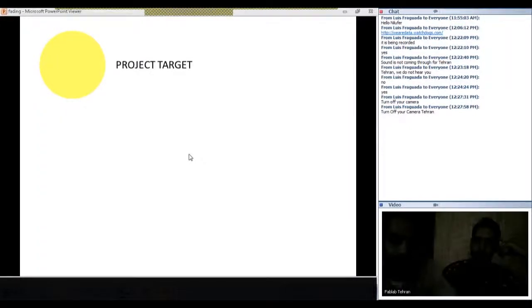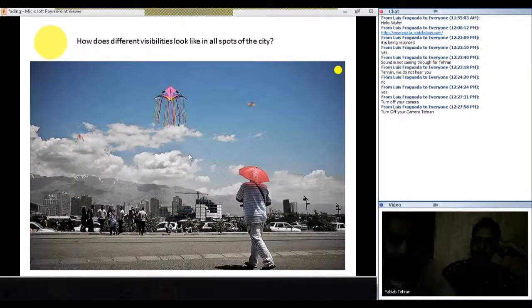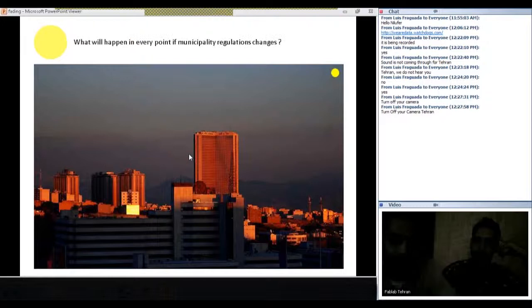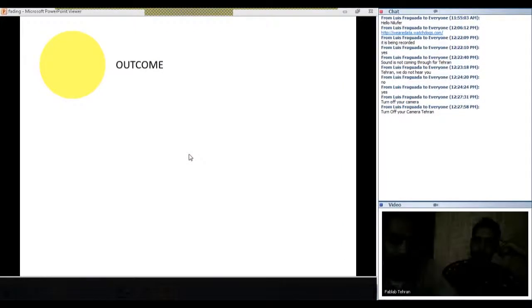So our project target is to find out how different visibility, or how different isovist, actually looks in all spots of the city, and what will happen in the future if this situation of growth of population and density goes on, and lastly, what will happen if municipality regulations change.